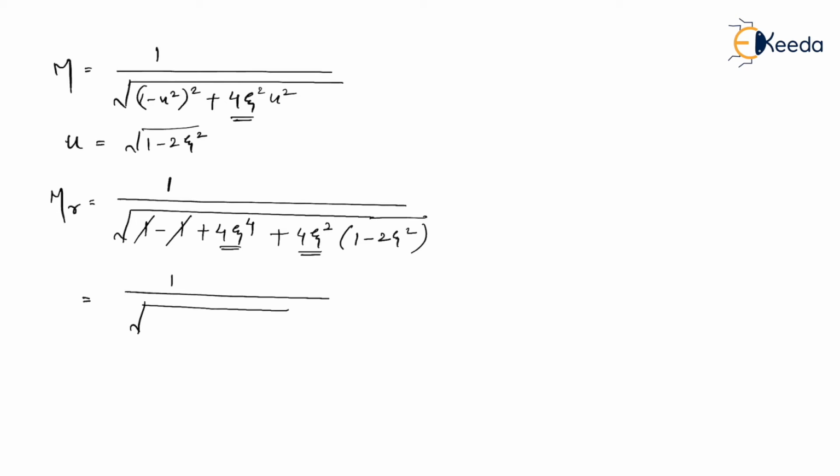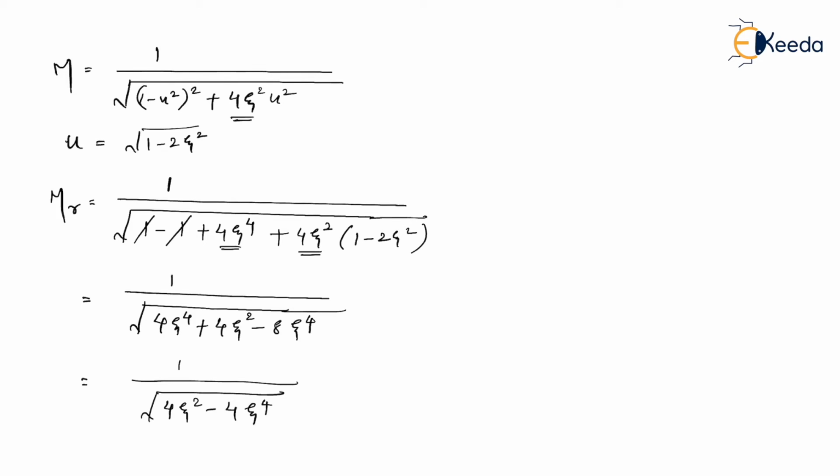So it will become 4 zeta to the power 4 plus 4 zeta square minus 8 times zeta to the power 4. So what we have, the end expression, now I can write it is 4 zeta square minus 4 zeta to the power 4. This becomes the value of Mr.